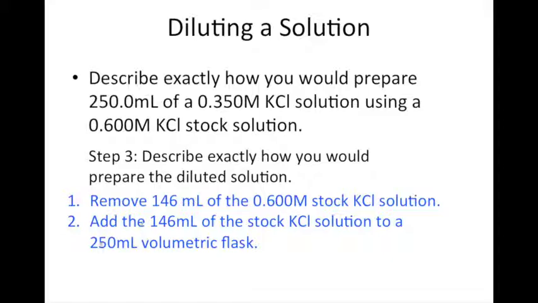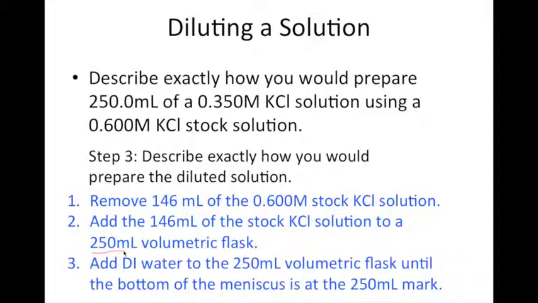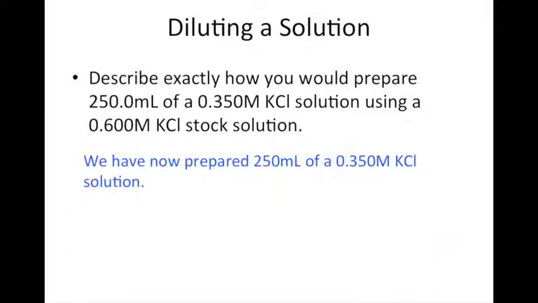In this case, we're going to use a 250 milliliter volumetric flask. Now we can add water to that volumetric flask until we get to the 250 milliliter mark. And if we do that correctly, we should have prepared 250 milliliters, and that solution should have a new molarity of 0.350 molar.